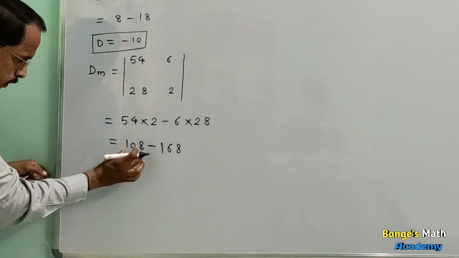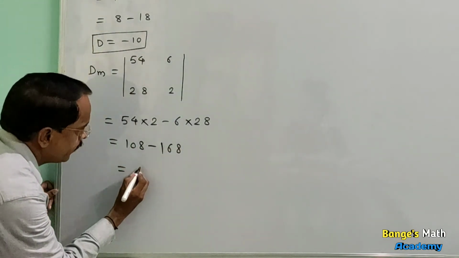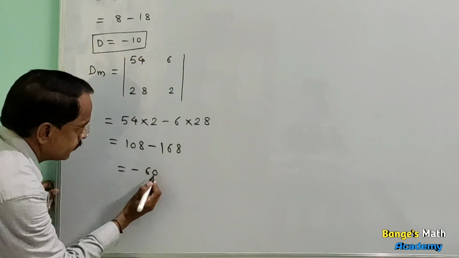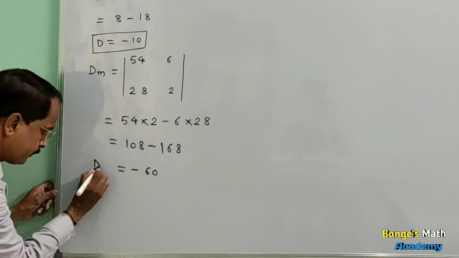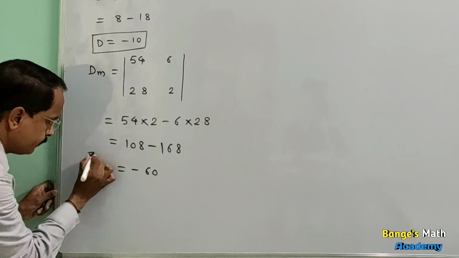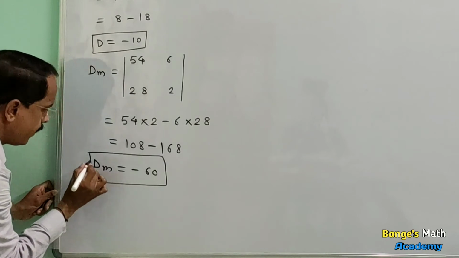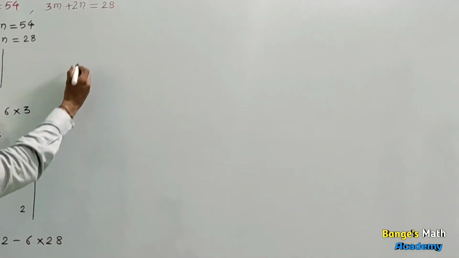Subtraction of this, 108 minus 168 is minus 60. We get value of dm is minus 60.